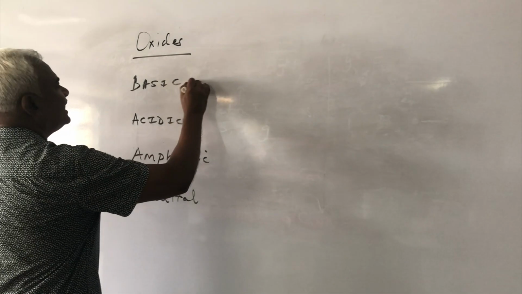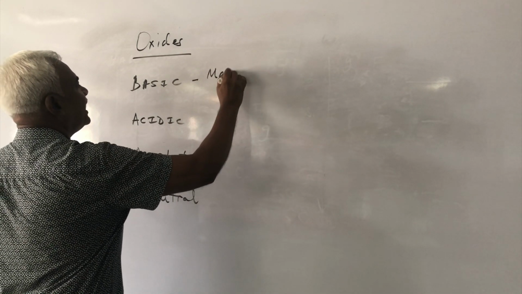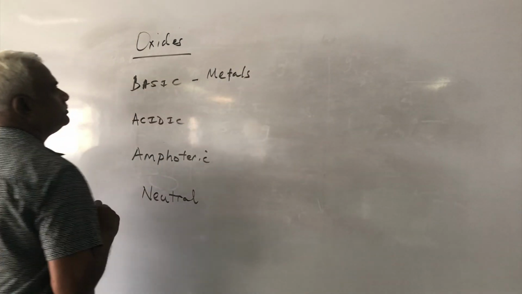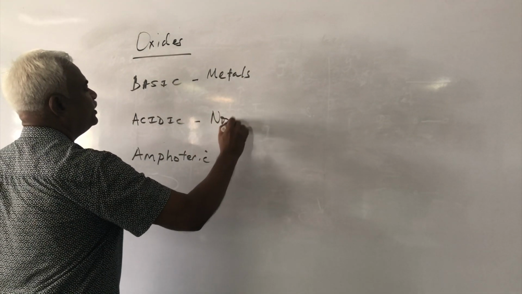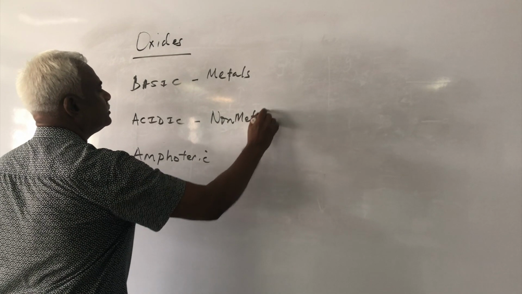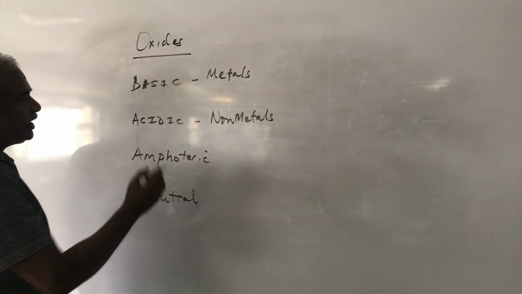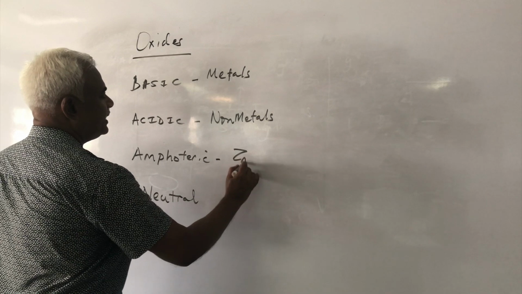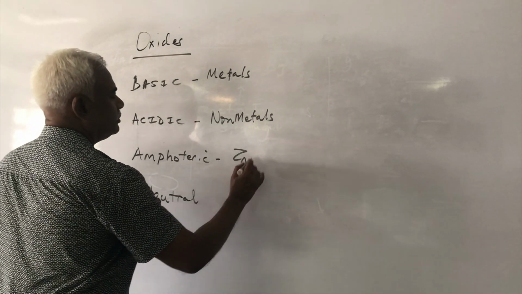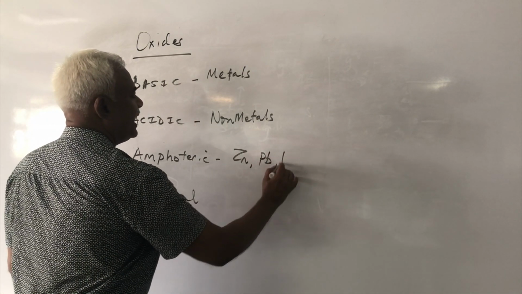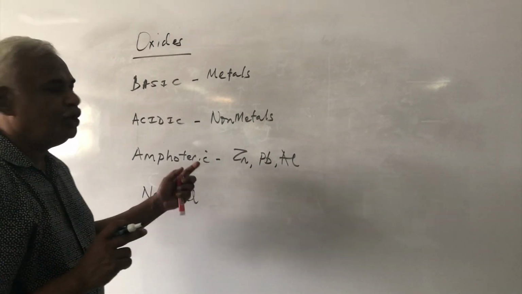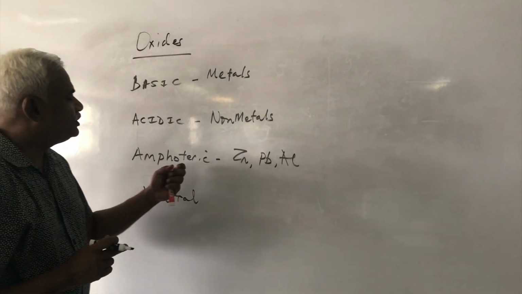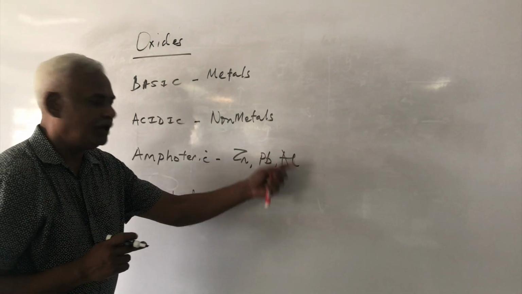The oxides that are basic are oxides of metals. Oxides that are acidic are oxides of non-metals. Your amphoteric oxides will be zinc, lead, and aluminum. Learn that. It is a common question on your multiple choice exam. The amphoteric oxides: zinc, lead, and aluminum.